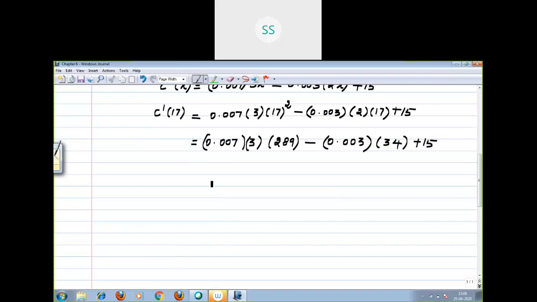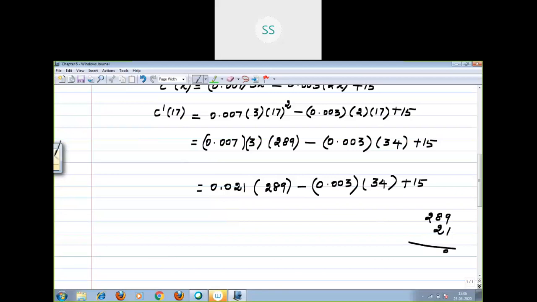0.007 into 3, first you have to multiply that, which is equal to 0.021, 7 3s are 21, into 289, minus 0.003 into 34 plus 15. 289 into 21: 982.